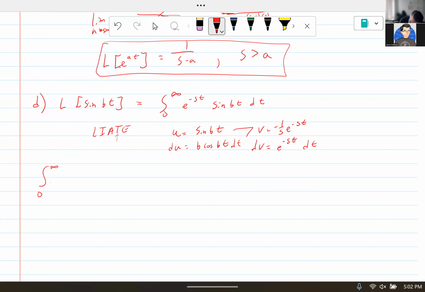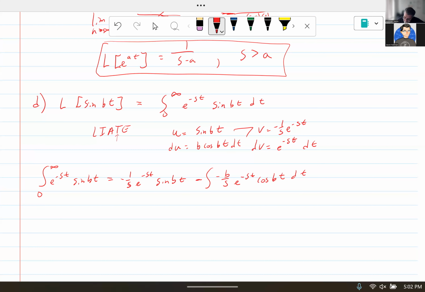The integral from 0 to infinity of e to the negative st sine bt dt equals negative 1 over s e to the negative st sine bt minus the integral of negative b over s e to the negative st cosine bt dt.